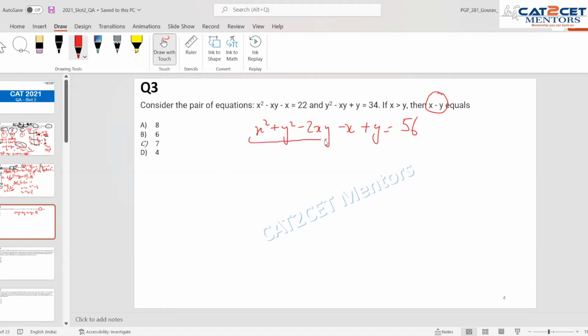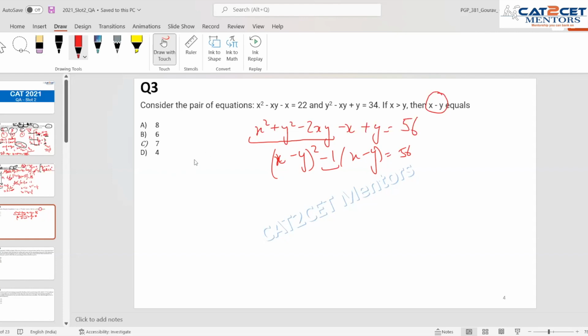And we can make a square using this part. It will be x minus y whole square, and we can take minus 1 common from this part. It will be x minus y equals 56. Here we have taken minus 1 common because we need to make this form, where we need to make it a form of x minus y.